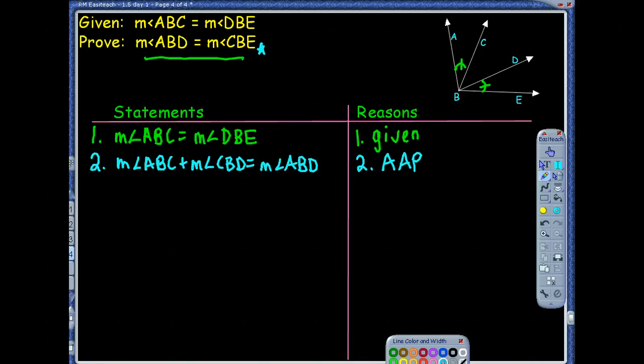All right, now we established this one. We got to establish this one from the picture. Okay. So now we can do another angle addition postulate, and I can keep it in step 2, right? Okay, it's another statement, but same reason. So the measure of angle CBD plus the measure of angle DBE will equal the measure of angle CBE.